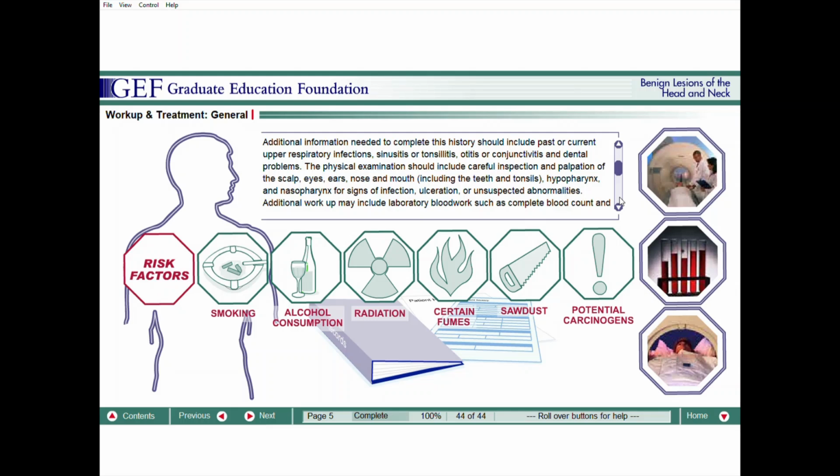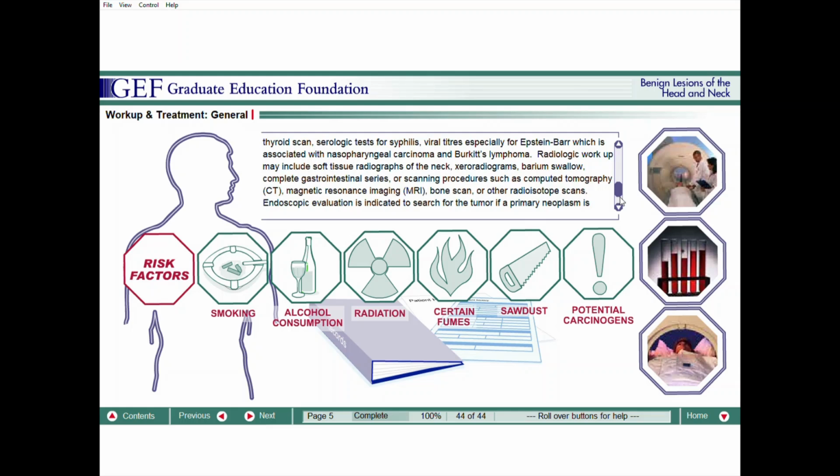Additional workup may include laboratory blood work, such as complete blood count and differential, tuberculin test, heterophil titer, monospot test, thyroid function tests or thyroid scan, serologic tests for syphilis, viral titers, especially for Epstein-Barr, which is associated with nasopharyngeal carcinoma and Burkitt's lymphoma.